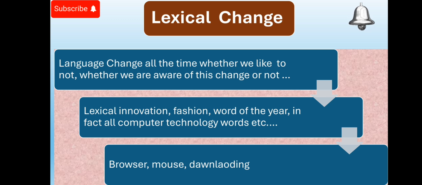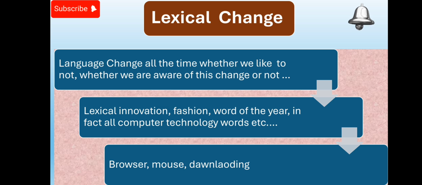In the case of vocabulary or lexical change, we are aware, because a word might not have existed in the past, but now that word exists. For example, the word Google did not exist in the past and now it exists.